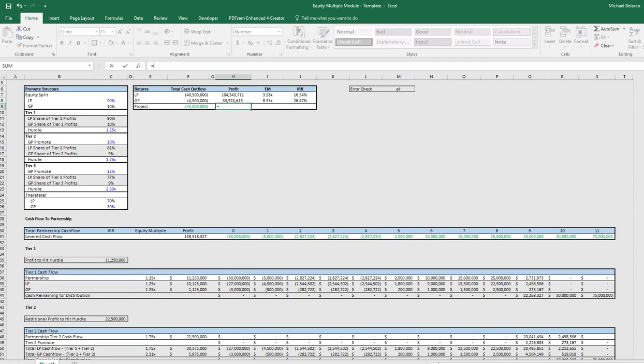And the last thing we want to do is link the project level returns, which we still need to fill out. So let's quickly, one last time, do the equity multiple formula.